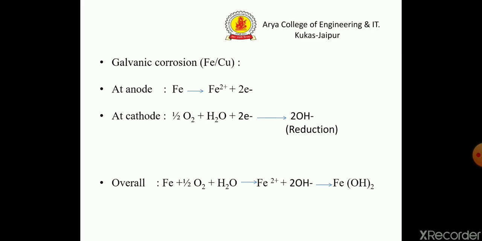At cathode, in neutral medium, the reaction is half O2 plus H2O plus 2 electrons converting into hydroxide ions, a reduction process. The overall reaction is iron plus half O2 plus H2O converting into Fe2+ and hydroxide ions, forming iron hydroxide.